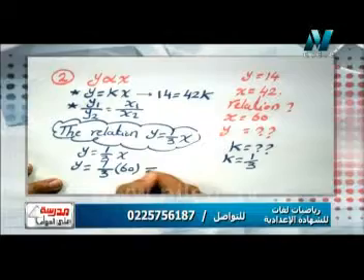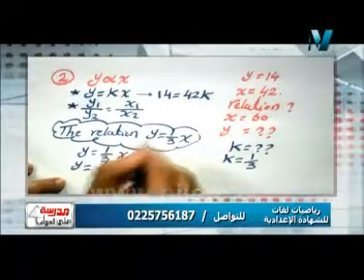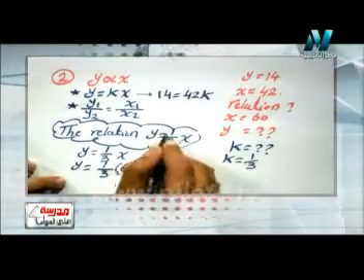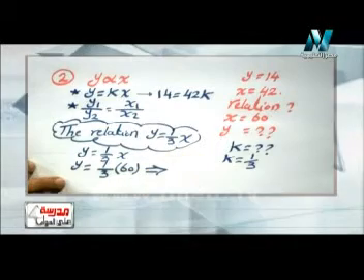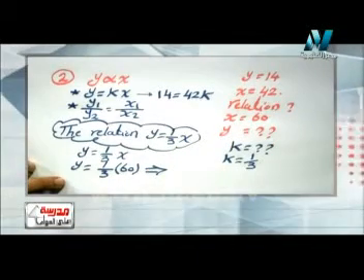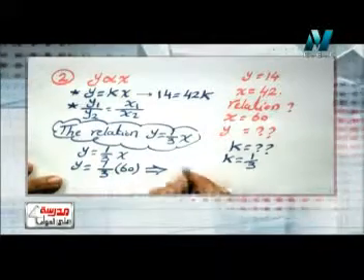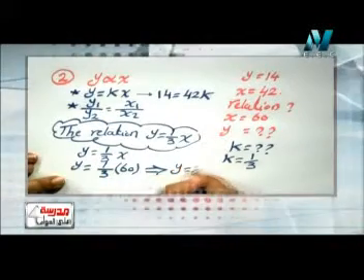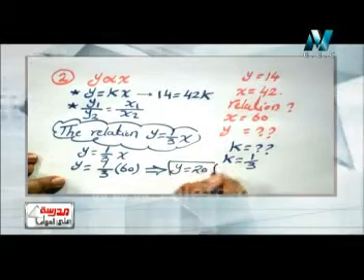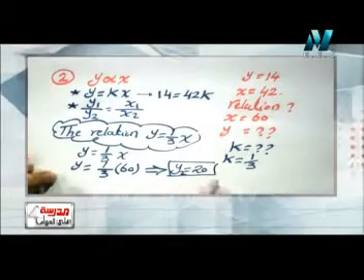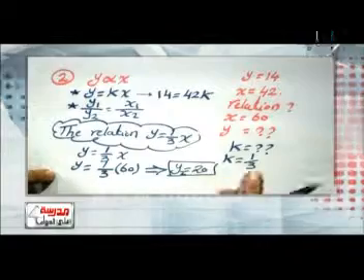So I can do direct substitution in the given relation y equals one third x, replacing x equals 60. So y equals one third times 60, then y equals 20. We can say the value of y equals 20 when x equals 60.